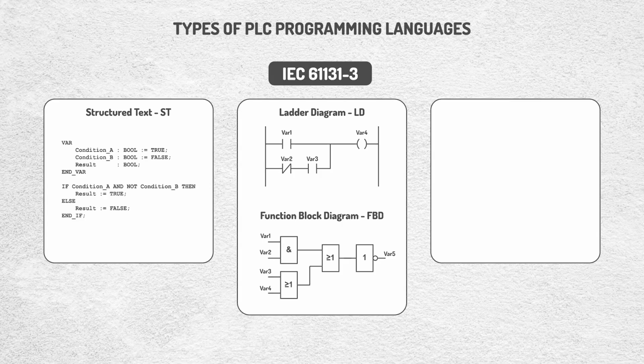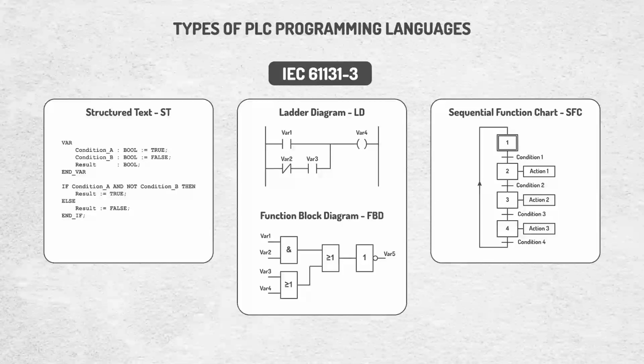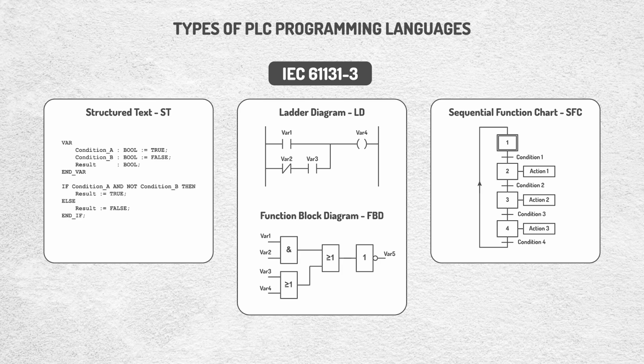It also defines a complementary set of graphical and textual elements called sequential function chart, SFC, used to represent the flow or sequence of a process. Thanks to this standardization, programmers can choose the language that best suits each application or even combine several within the same project, maintaining compatibility, clarity, and uniformity in programming.